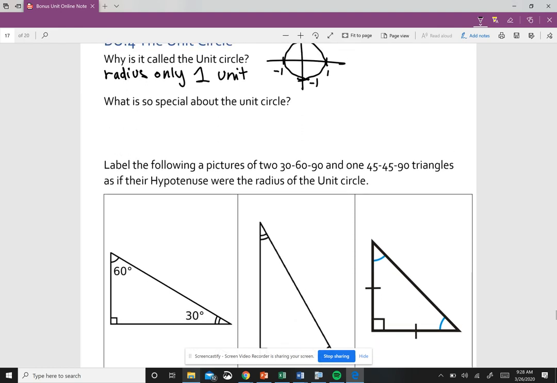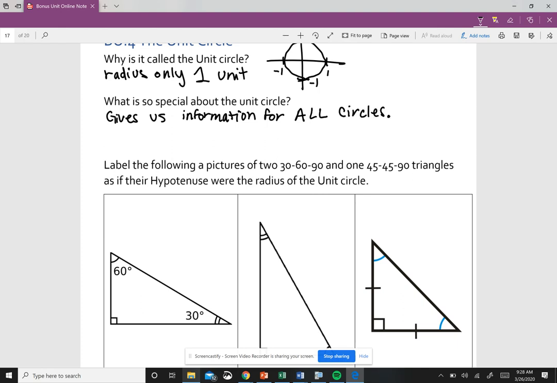What's so special about the unit circle is it gives us information for all circles.